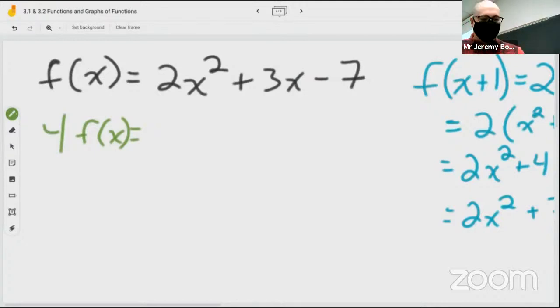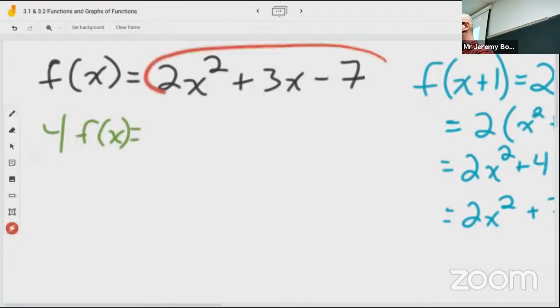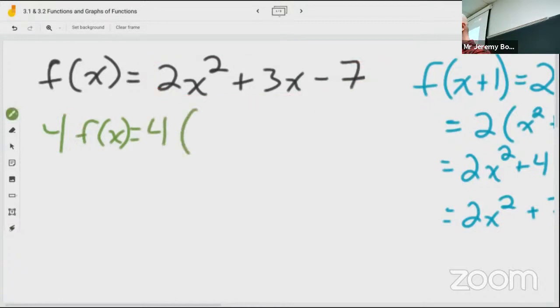What do you think we will do there? It's not as complicated as you might think. It's pretty straightforward. It's just 4 times what f of x is. So this is just going to be 4 times 2x squared plus 3x minus 7.